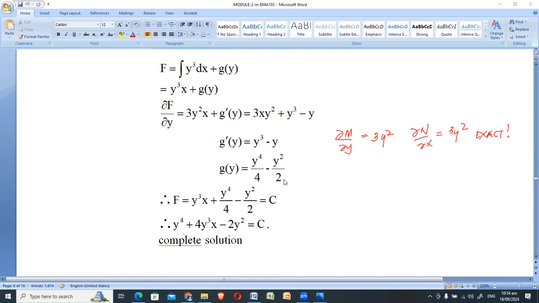And we can say that your f, which is the solution of your DE, will now be y cubed x plus the g of y here, which is y raised to 4 over 4 minus y squared over 2, equal to c. If you don't wish to see any denominator, you may multiply this entire equation by the LCD, which is 4.